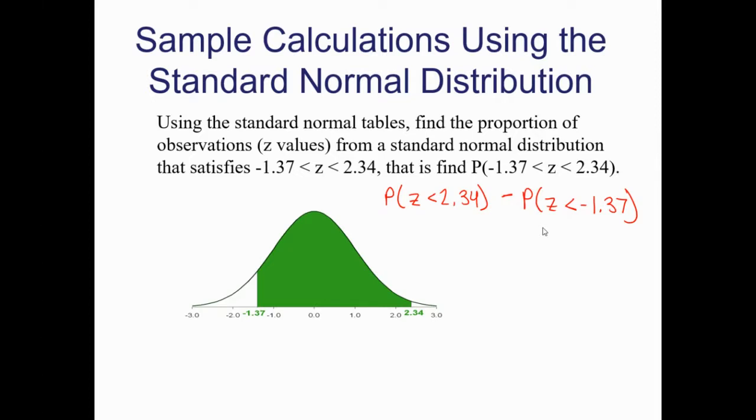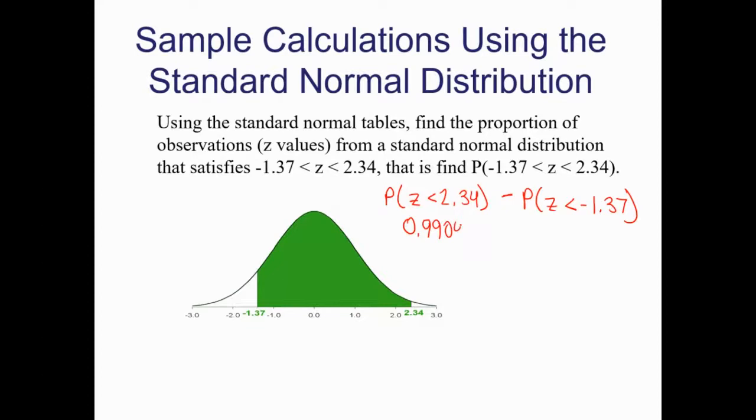So using our table, the dual credit AP one I gave you yesterday, it's in your formula chart. What is the probability that z is less than 2.34? 0.9904.